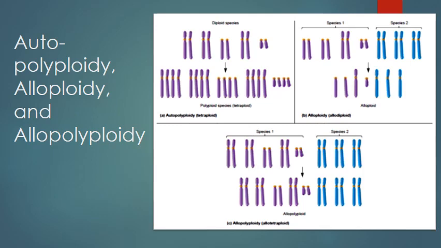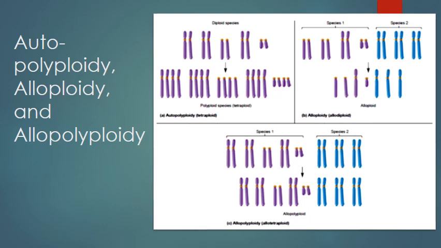So, complete non-disjunction due to a defect in the spindle apparatus of the gamete can produce an individual with one or more extra sets of chromosomes. This individual is known as an autopolyploid.